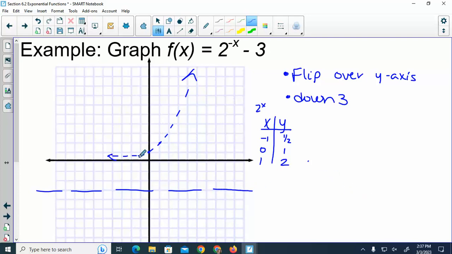Okay, so if I take my point, flip it over the y-axis, it would go to 1, 1/2, and then down 3. So 0, 1, if I flip it over the y, it doesn't go anywhere. Down 3. 1, 2. If I flip it over the y, it goes to -1, 2. And down.